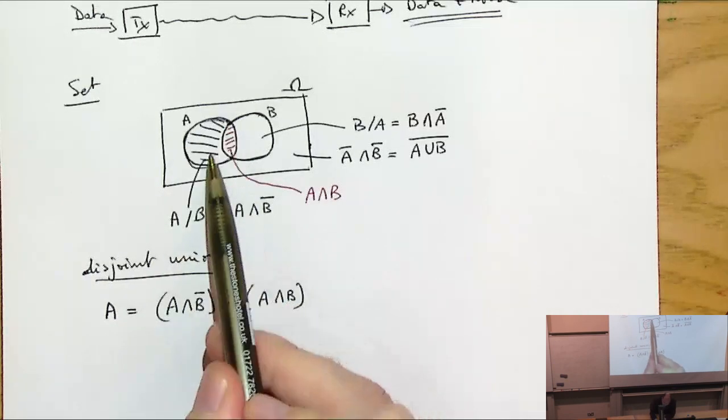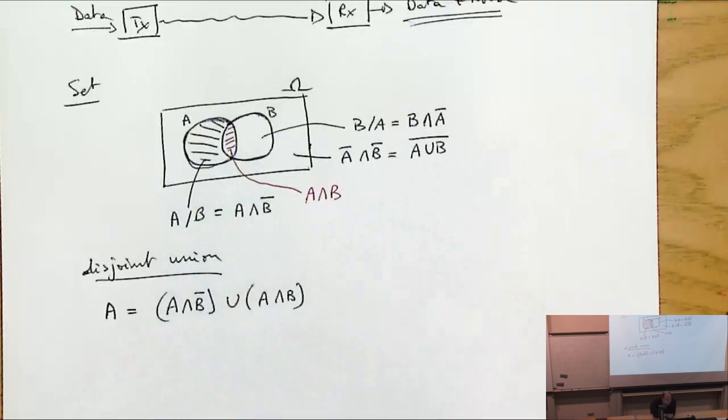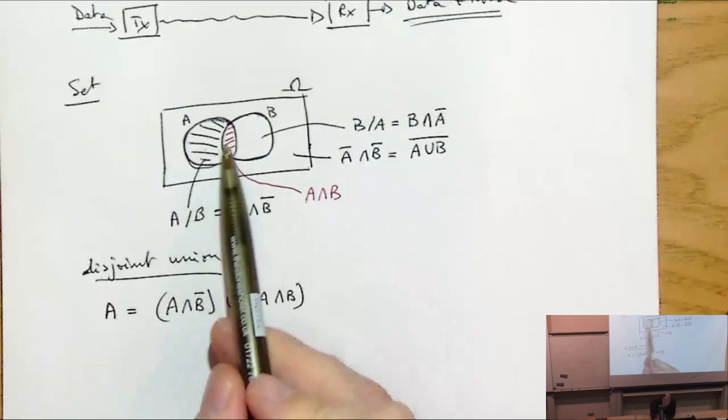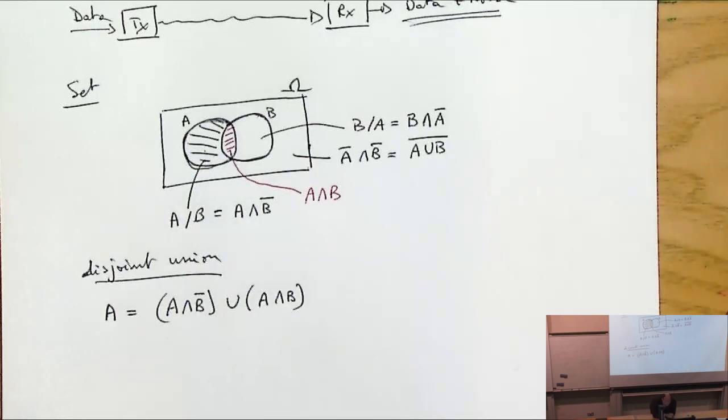A in black here is the black part and the red part, essentially. Those two parts are disjoint, right? The intersection between those two parts is the empty set, right? So those two sets are disjoint, and I take a union of two disjoint sets.